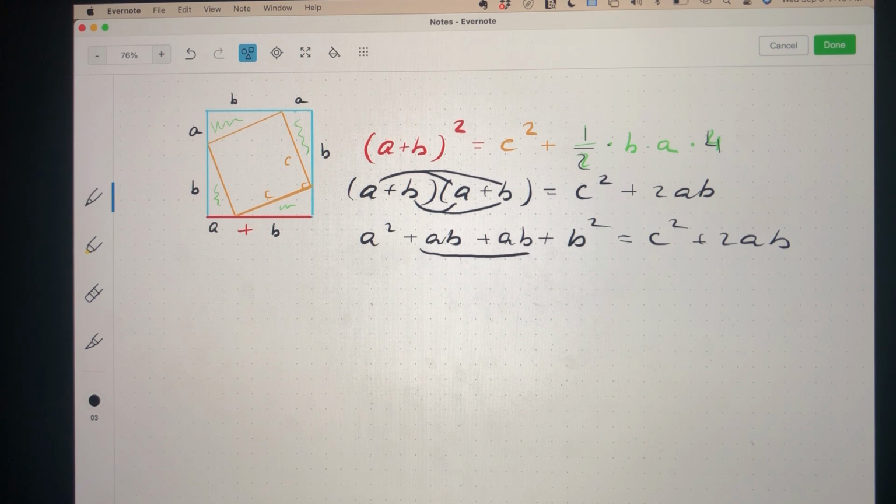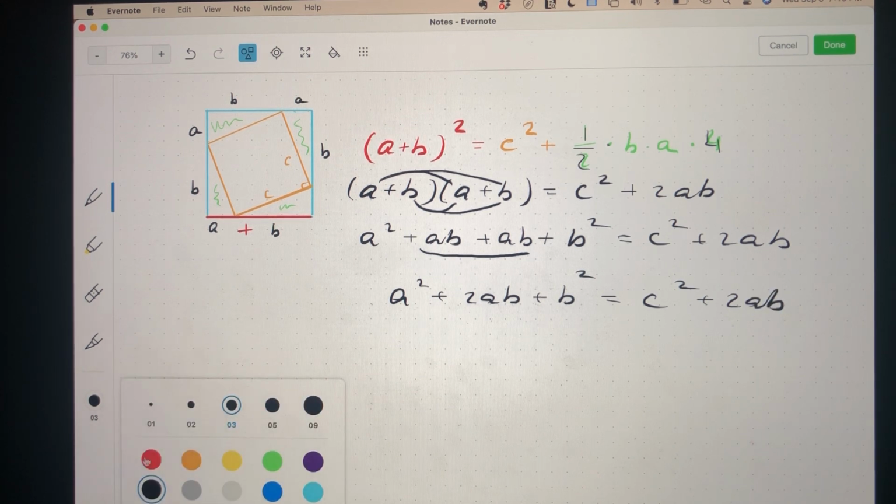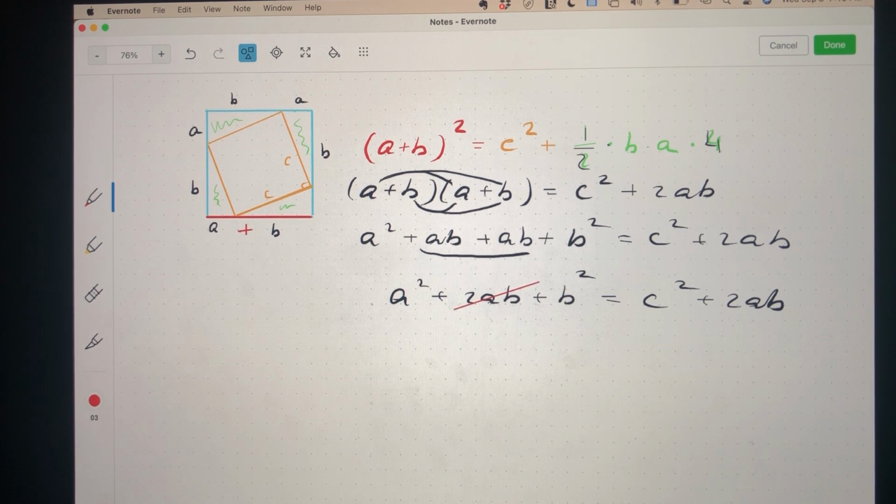Now in the middle we have AB plus AB, and that makes 2AB, plus the B squared is C squared plus 2AB. And we can see that on both sides we have 2AB, and we can subtract it from both sides, and they will cancel off. And what is left? What's left is exactly A squared plus B squared is C squared, which is the Pythagorean theorem.